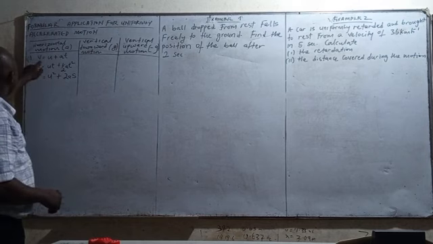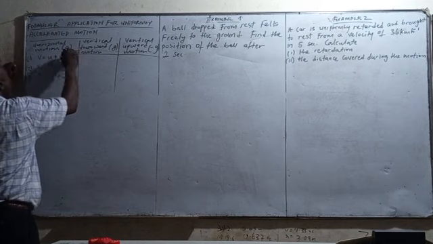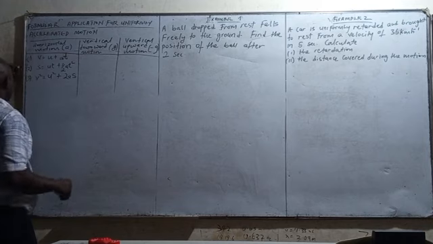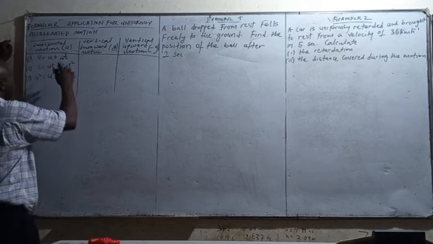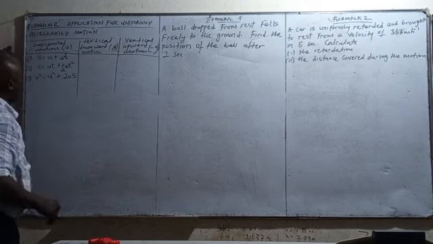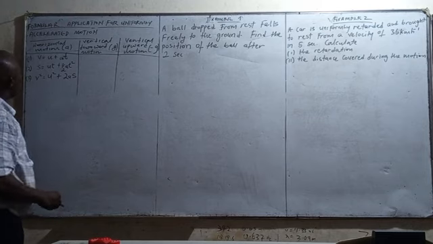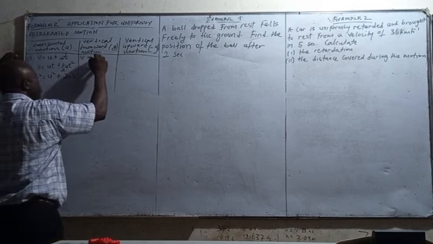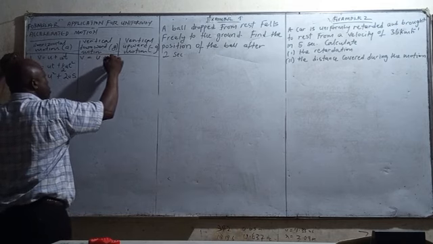So our first equation is number 1, v equals u plus at. For vertical downward motion, it is going to be v equal to u plus gt.